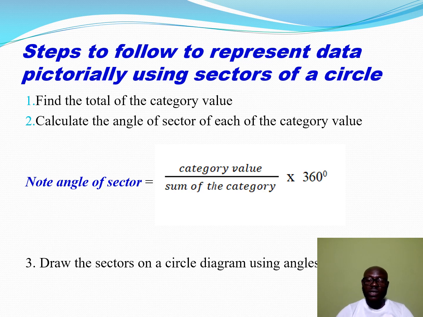The 360 talks about the total angle of a complete circle. Then lastly, we have to come up with the sectors on a circle diagram using angles. Now let's move on and see what we have in our next slide.